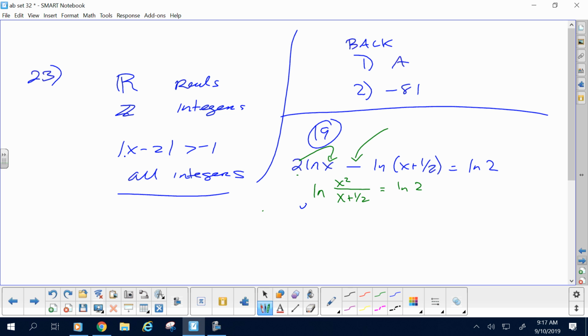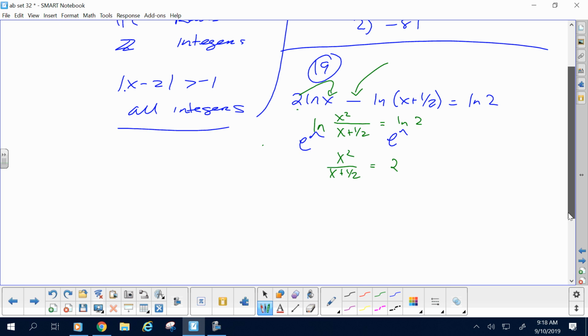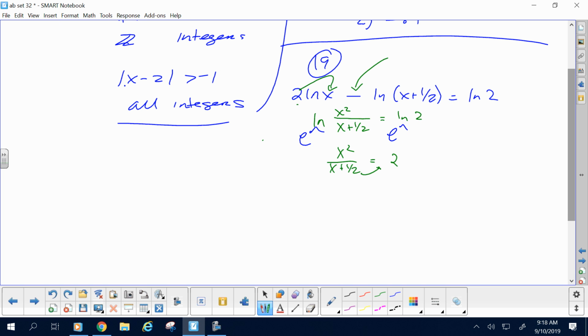Now I can exponentiate a whole side at a time and do well. When I do that, I get x squared over x plus a half equals 2. If I multiply this over, I get x squared equals 2x plus 1. If I move everything to one side, I get x squared minus 2x minus 1 equals 0.